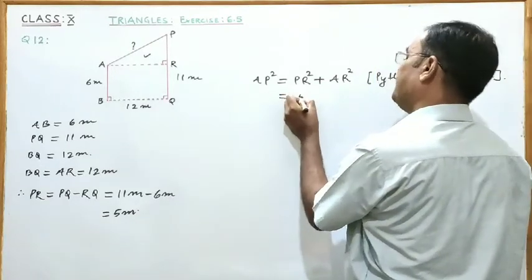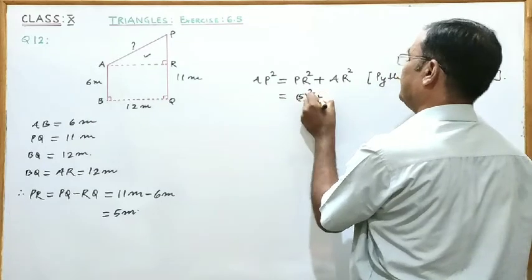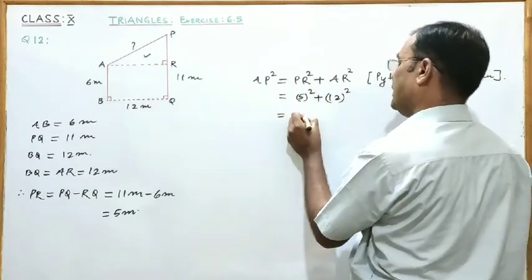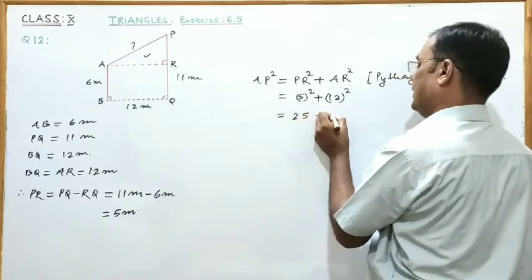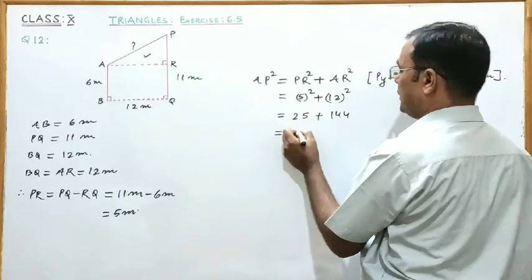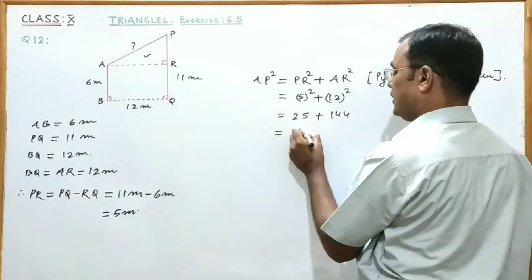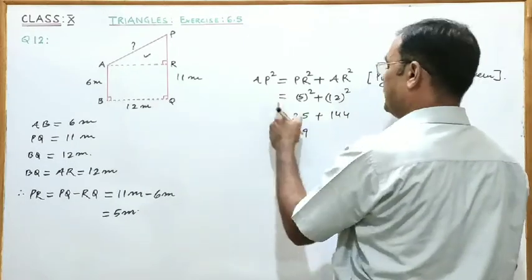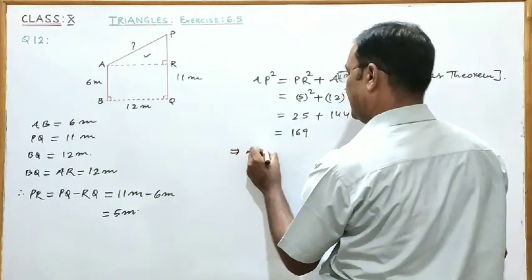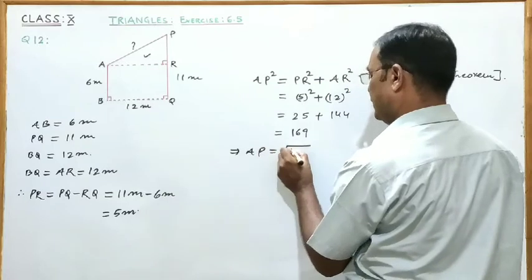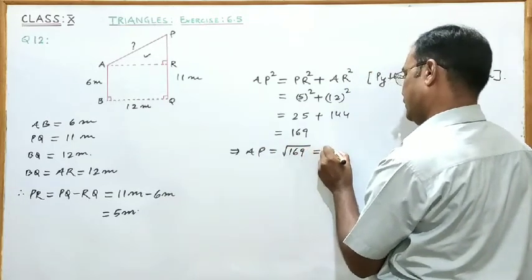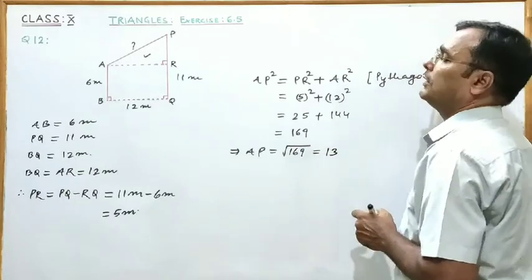So this is 5 square plus 12 square. 5 square 25 plus 12 square 144. 25 plus 144 is 169. So AP square is equal to 169. So this implies AP is equal to under root 169, which is equal to 13.